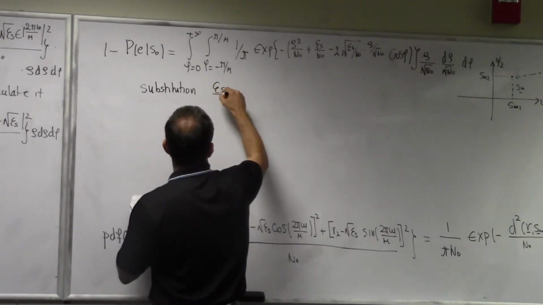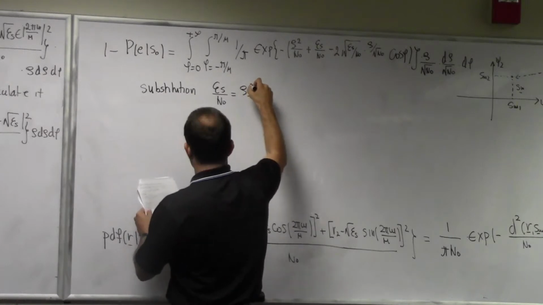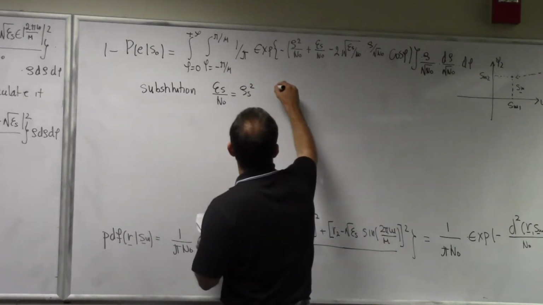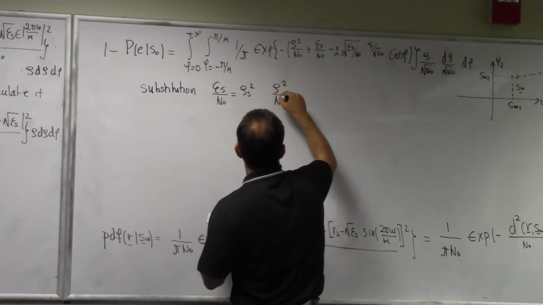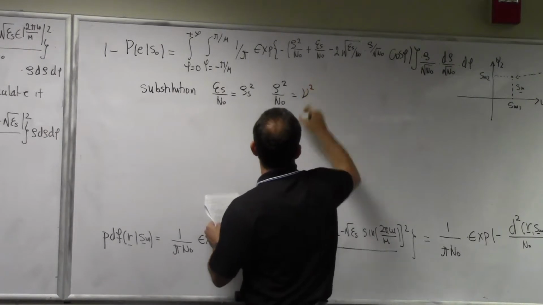Epsilon s over n0, I'm going to call that rho s squared. And rho squared over n0, I'm going to call that equal nu squared.